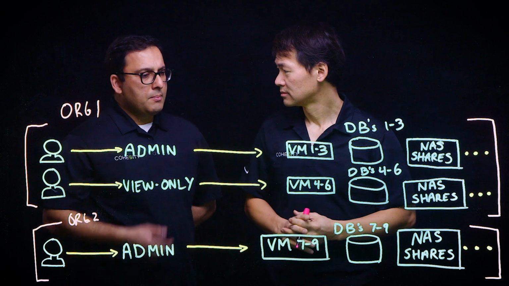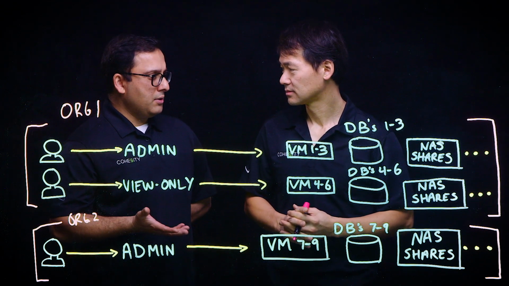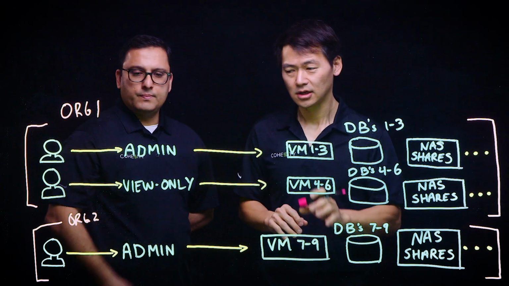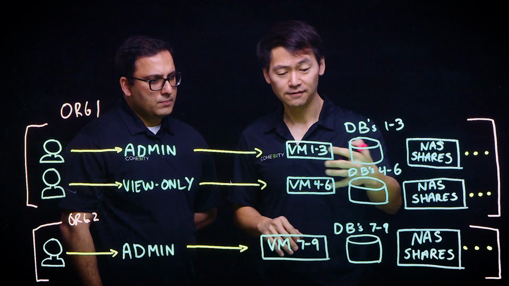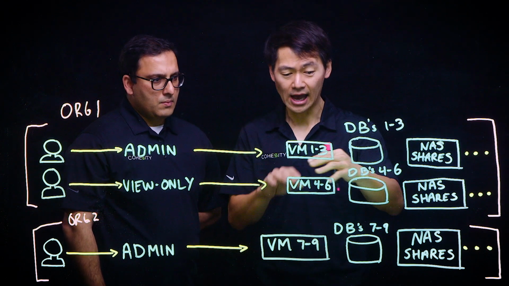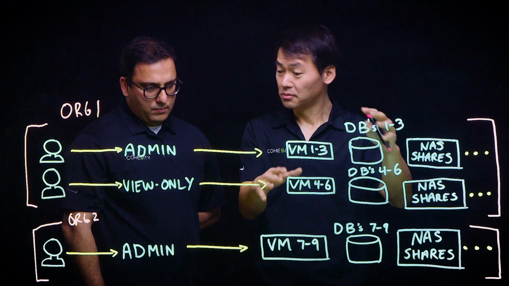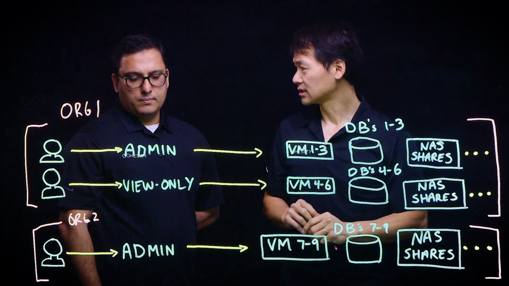So, Yushen, in a multi-tenant environment, how do we deliver fine-grained isolation? Yes, so it's exactly this mechanism, where at this very fine grain, the organizations are defined to have access to only their data set. And there's really no mixing here between what org 1 can access and what org 2 can access.